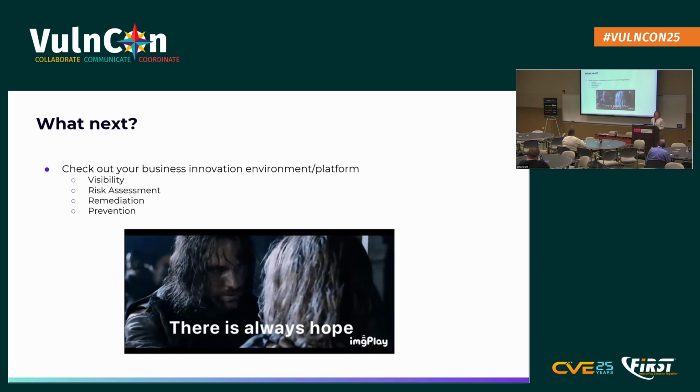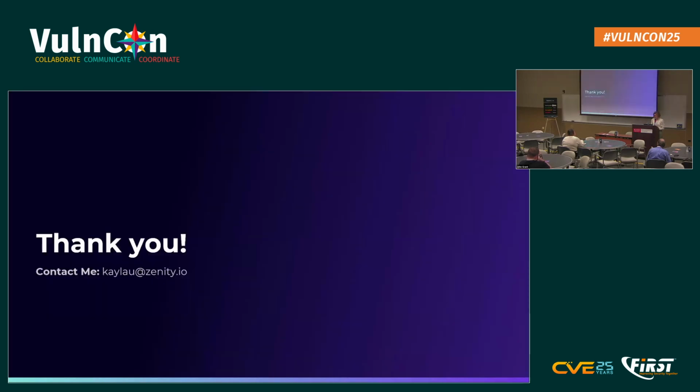And if you take a look and things aren't as pearly white as you might have thought they were, just know that it's absolutely possible to reduce risk in these environments and to help citizen developers create more secure applications at the end. So there's always hope in these spaces. So that's what I have for you today. And I think I have time for questions.